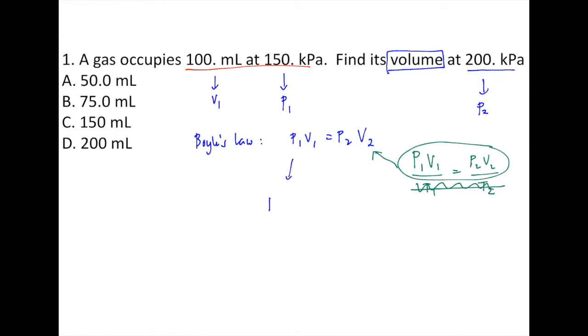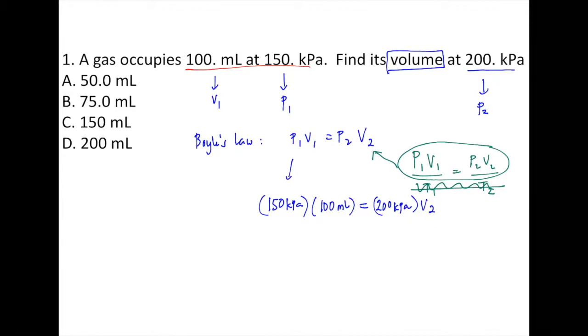P1 will be 150 kilopascals. Volume 1 is 100 ml. P2 is 200 kilopascals. And V2 is the unknown.